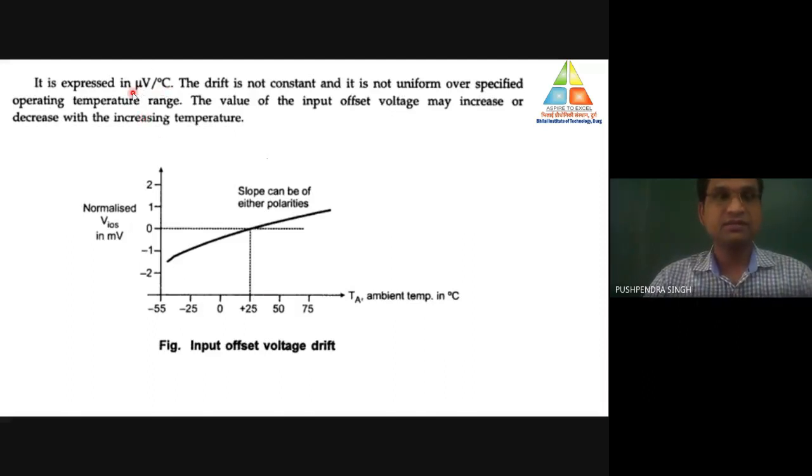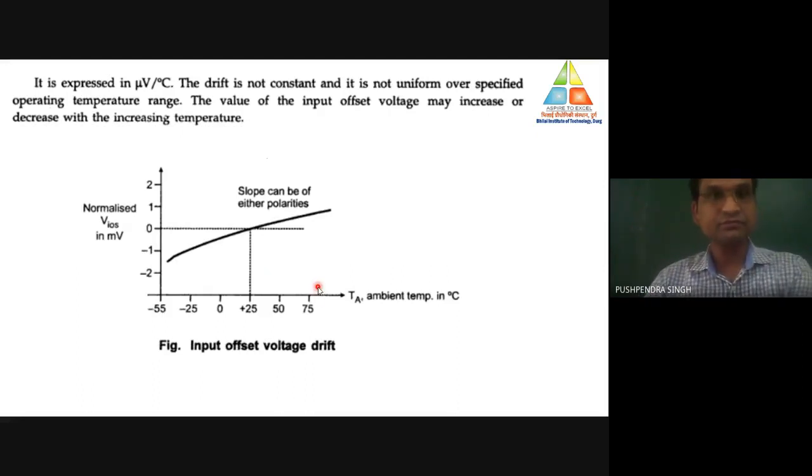Whatever you calculate for input offset voltage should be calculated with respect to this room temperature only. As we increase the temperature, the input offset voltage increases, and as we decrease the temperature, the input offset voltage decreases.